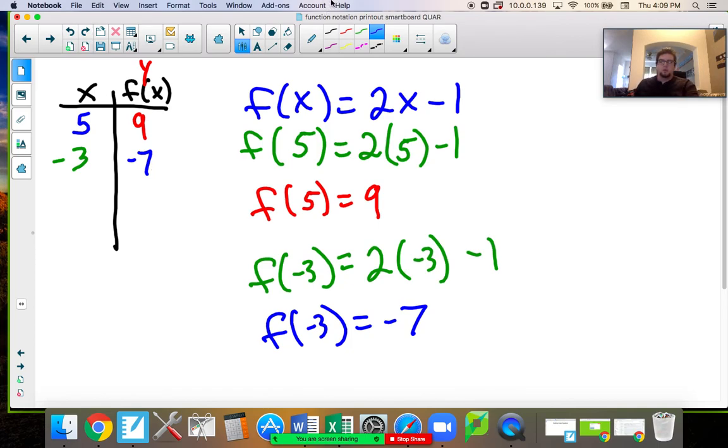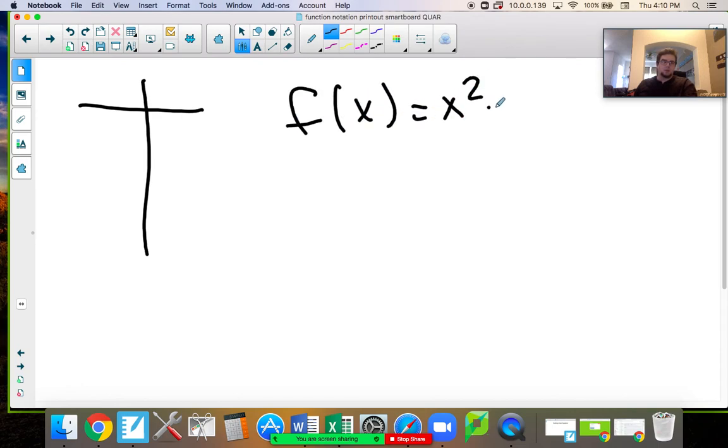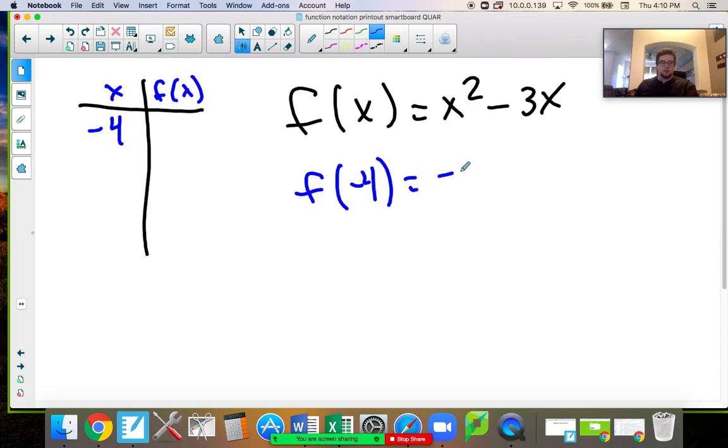I'm going to do one more, but I want to do a little bit different function. So again, I'm going to get a t-chart here. My function in this one's going to be x squared minus 3x. All right, and I'm going to plug in negative 4 for my x value. So now it's f of negative 4 is equal to negative 4 squared minus 3 times negative 4.